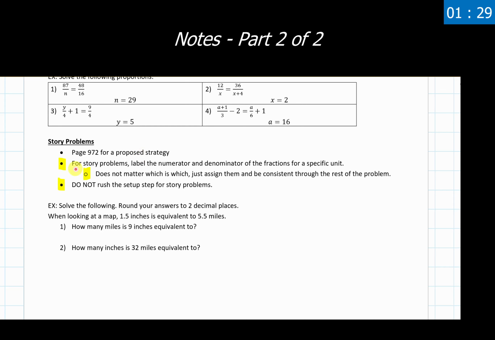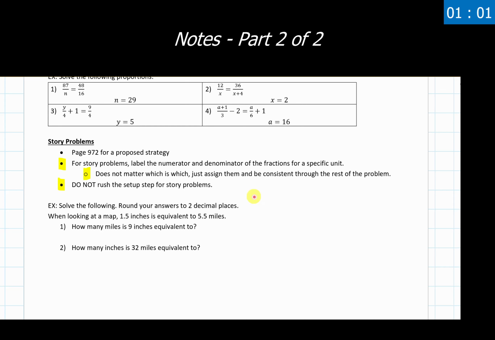For either of these methods, the big thing that we want to do is make sure that we are labeling the numerator and the denominator of the fractions for a specific unit. The problems that are going to be given to you need to specify some sort of units within them, and those are going to be very, very useful in telling us how we are going to set up our fractions and therefore allow us to solve them afterwards.